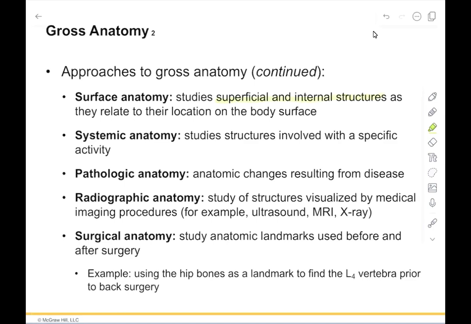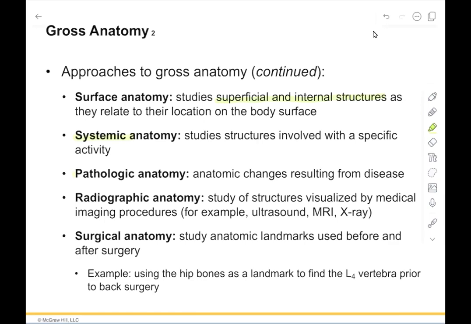So again, what you can see with the unaided eye. Systemic anatomy would be structures that are involved with a specific activity within a system. An example of this could be looking at the structures of the cardiovascular system, for example.